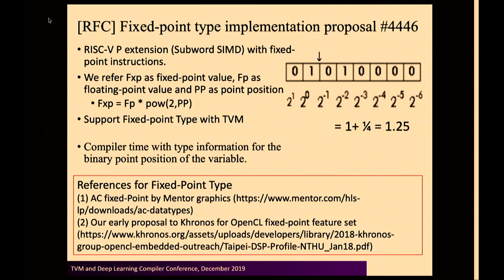The proposals are slightly different, but they have a common thing: they give the compiler the type information at compile time, so the compiler can know the binary point position for the variable. The compiler can then use the type information for possible optimization and tuning.